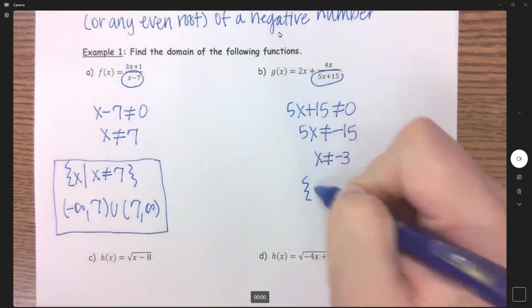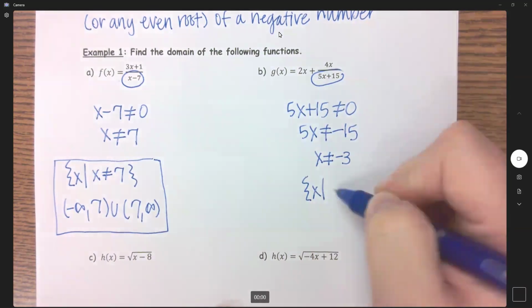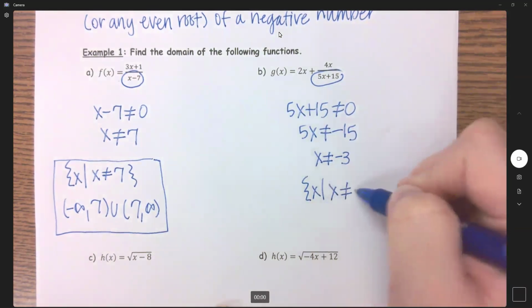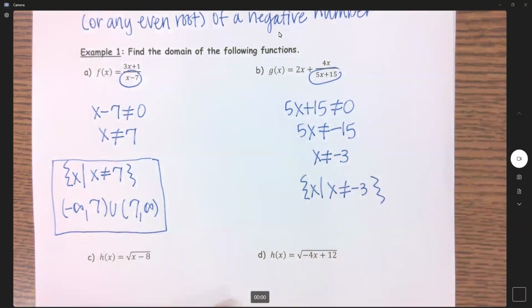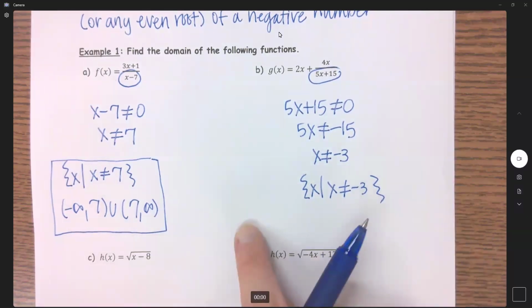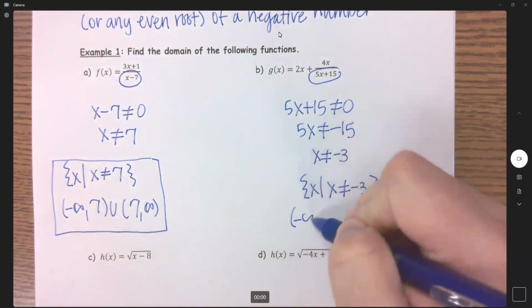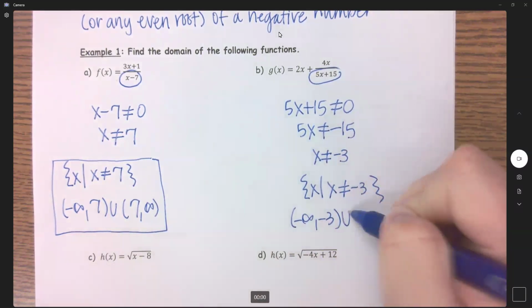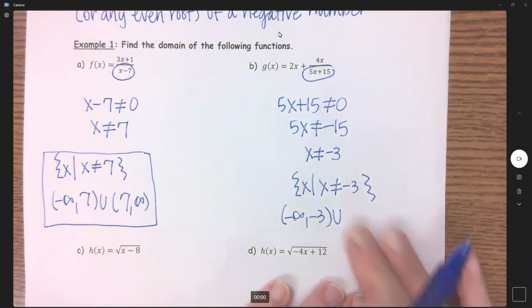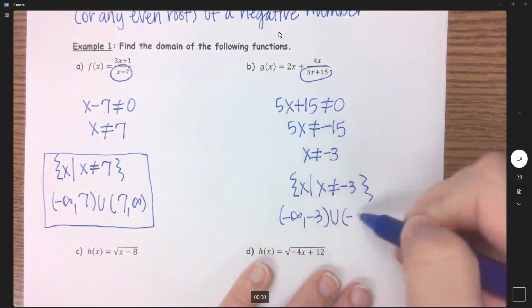So in set notation, this is the set of all x such that x cannot equal -3. And in interval notation, we need every number less than -3, and then the union, we need every number greater than -3.